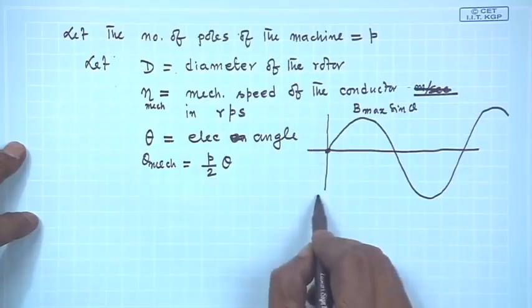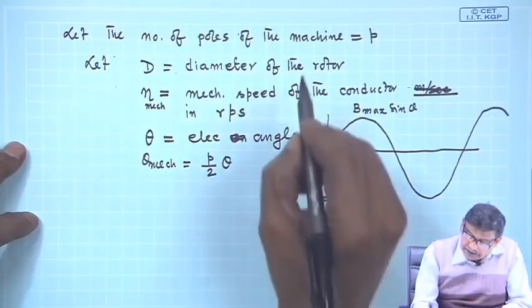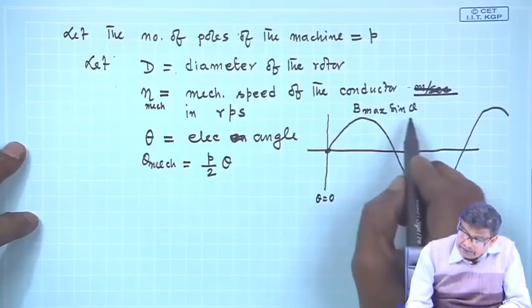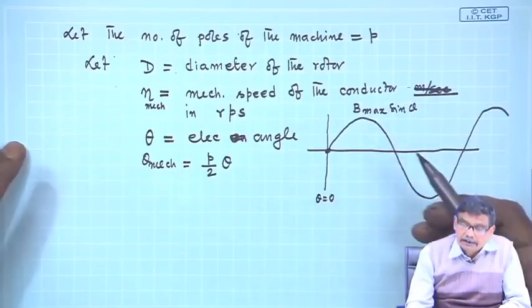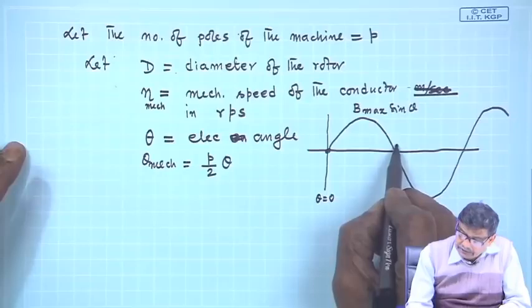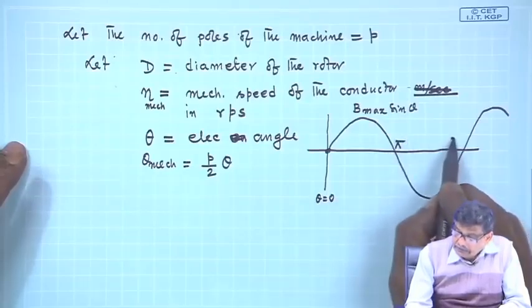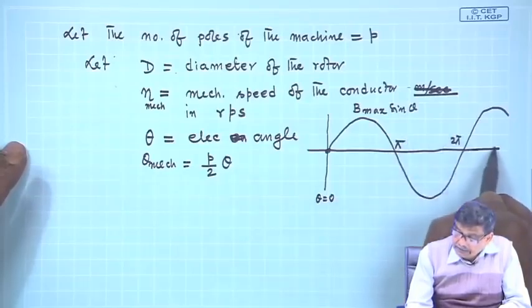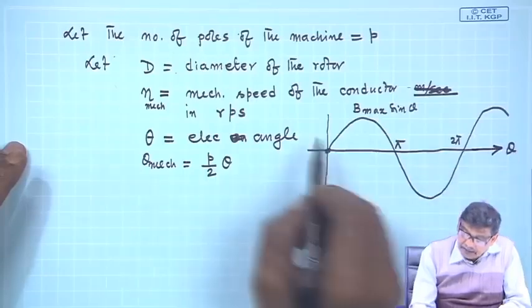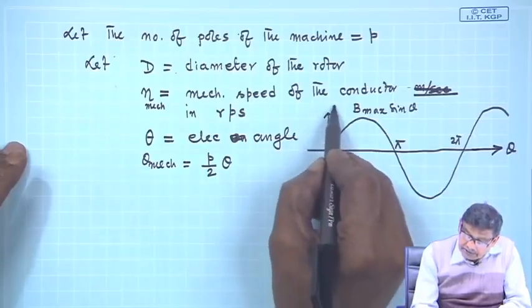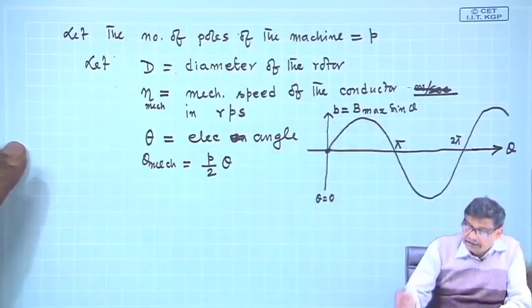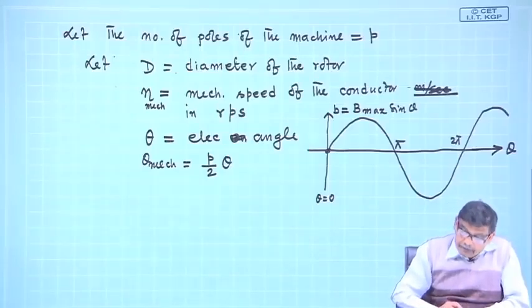So, I have considered this to be theta equal to 0, and this theta, as I told you, is theta electrical without any suffix. So, this is pi, this is 2 pi, and this is theta, and the y axis is B, in electrical angle, this is the thing.